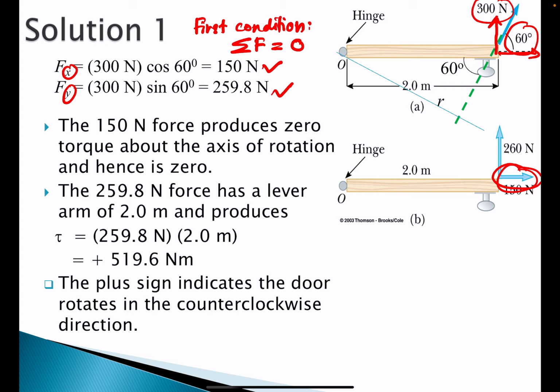So the 259.8, around 260 here, has a lever arm of 2 meters. So this 2 meters, right? And it will produce a value of 519.6 Newton meters, right? So the plus sign indicates the door rotates in the counterclockwise direction, so CCW.